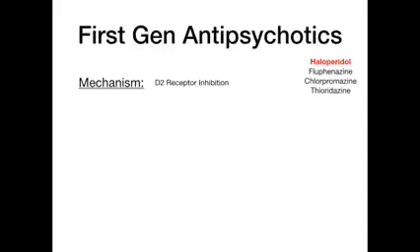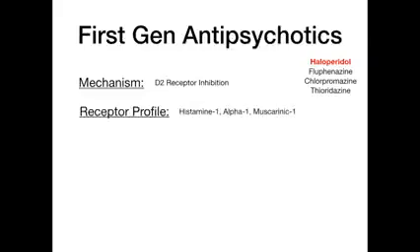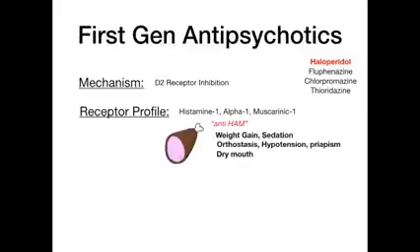The receptor profile, however, in addition to dopamine receptor inhibition, is that they block the histamine, alpha, and muscarinic 1 receptors. So they are anti-HAM1. The way that I remember all this is I go through each of the individual receptors. When you block the H1 receptor, you cause weight gain and sedation. When you block the alpha-1 receptor, you cause orthostatic hypotension and sexual dysfunction, occasionally priapism.